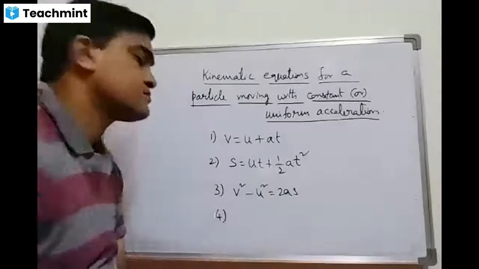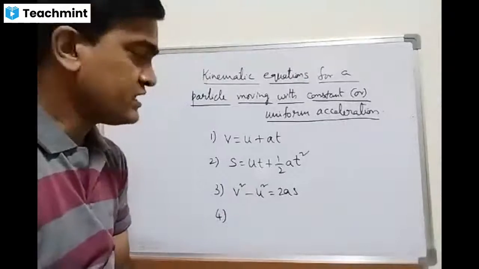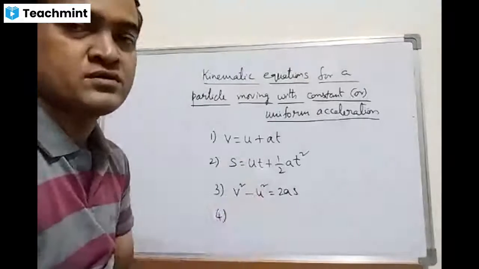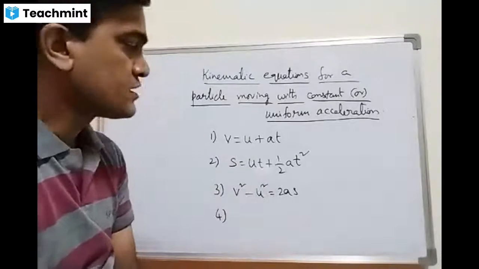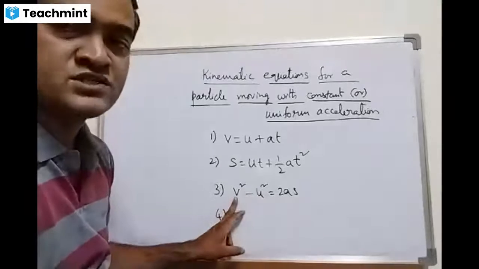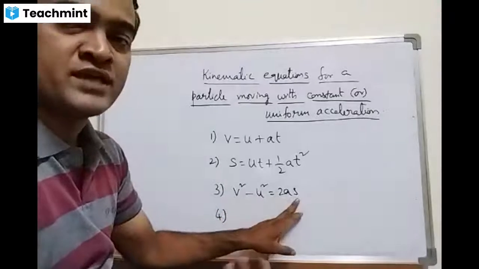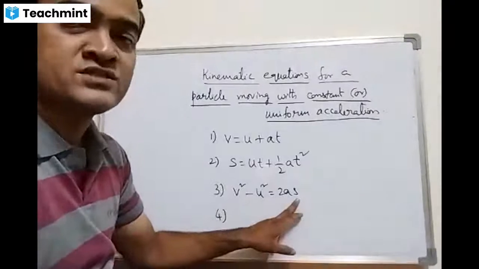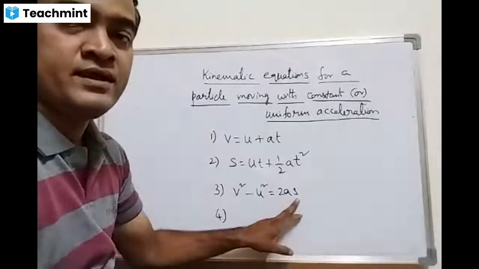Fourth one is, and here I'll tell you the notations. Anyways, as you have come across all these notations earlier as well, u is initial velocity, v is final velocity, s is displacement, or you can say distance of the particle moving along a straight line.